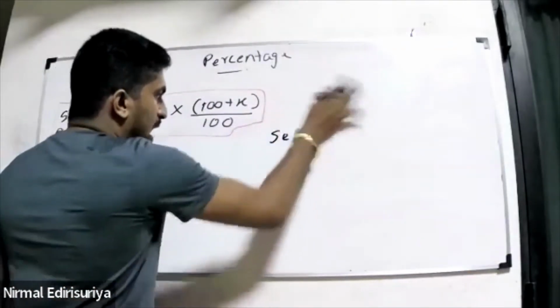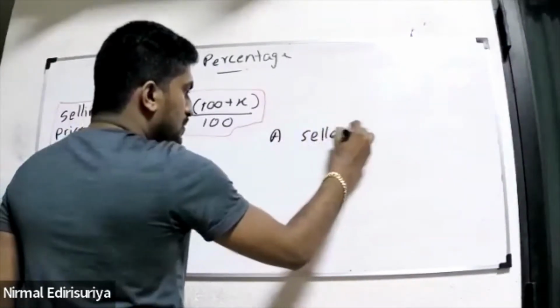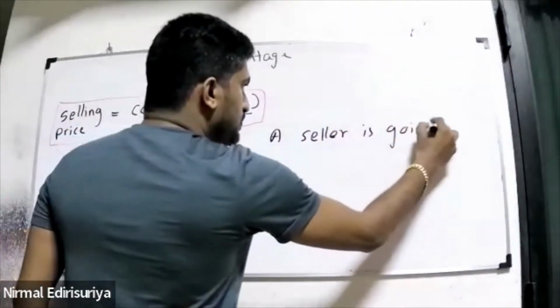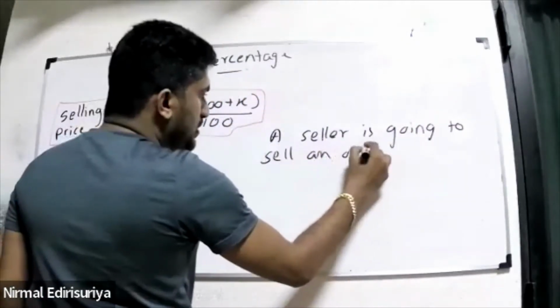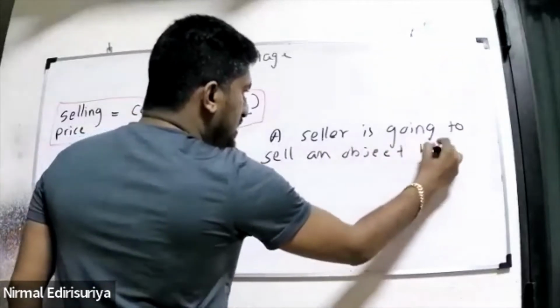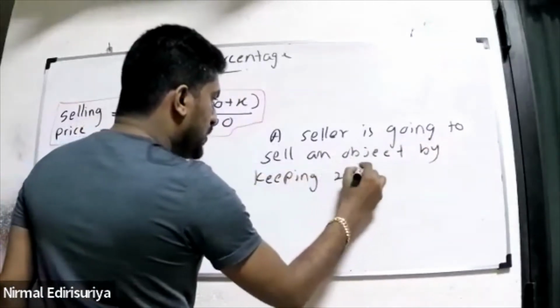Selling price. A seller is going to sell an object by keeping 20% profit.